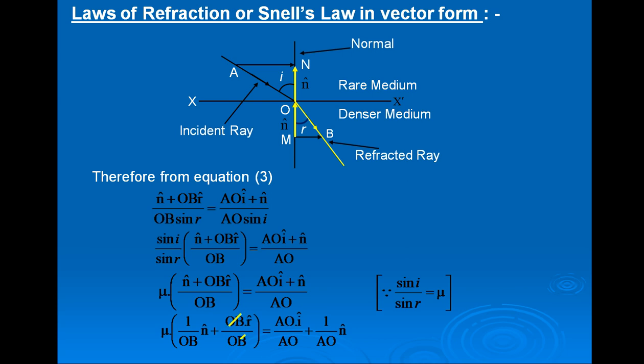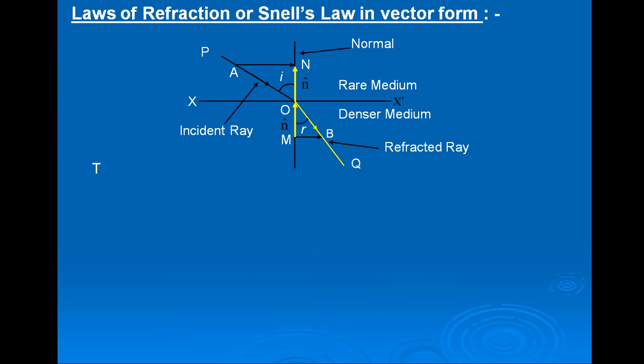Now OB and OB cancel each other, and also AO and AO cancel each other. Therefore, we get mu into 1 upon OB into N cap plus R cap is equal to I cap plus 1 upon AO into N cap. Put this as equation number 4.